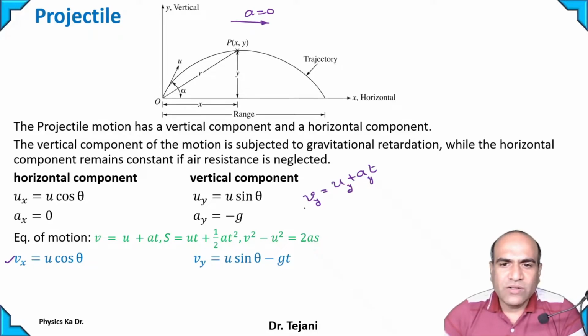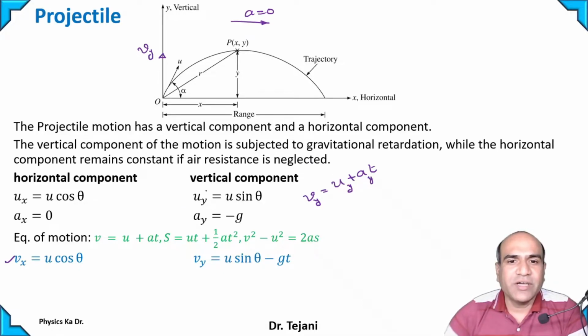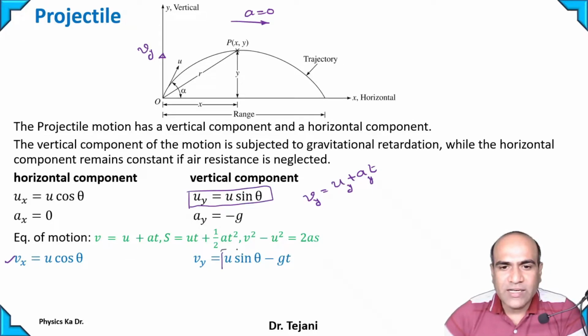Vy shows the vertical velocity after t time, and Uy is the component of the initial vertical velocity. So Uy = u sin theta.